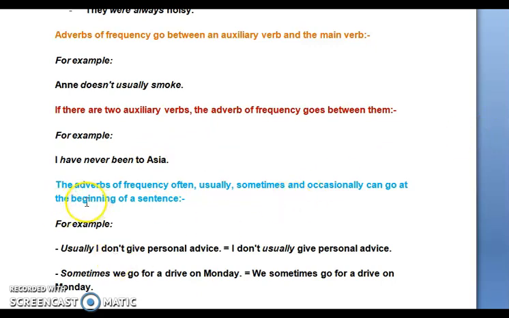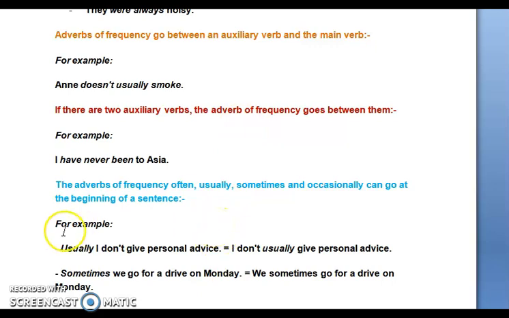Now let's move to this note. The adverbs of frequency often, usually, sometimes, and occasionally can go at the beginning of a sentence. في عنا مجموعة من adverbs of frequency that we can use at the first or the beginning of a sentence. نقدر نستخدمهم في بداية الجملة. ليش؟ لما أنا بستخدمهم في بداية الجملة أو بآخرها أو بنصها أو بالمواقع اللي حددتهم من بداية الشرح ما رح يأثروا على معنى الجملة.